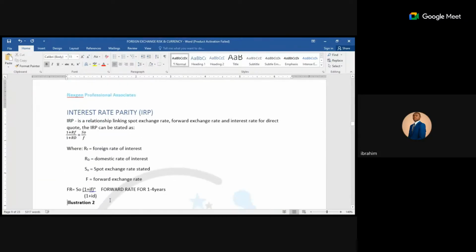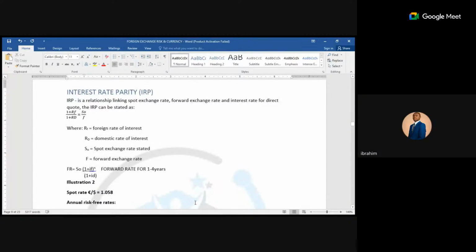Another thing you need to know is the interest rate parity. Class, you can also use interest rate parity to adjust for your rates. It is a relationship linking spot exchange rates, forward exchange rate, and interest rate.